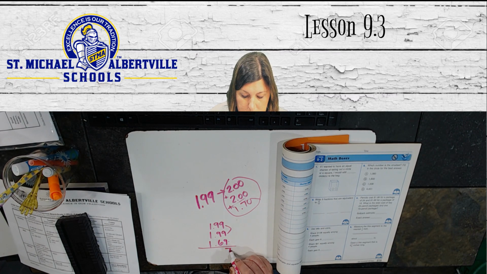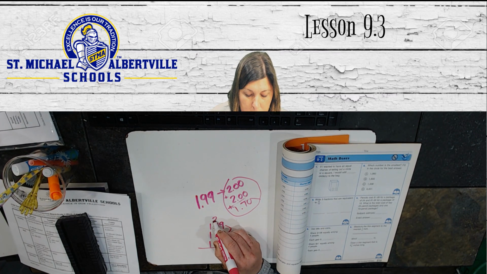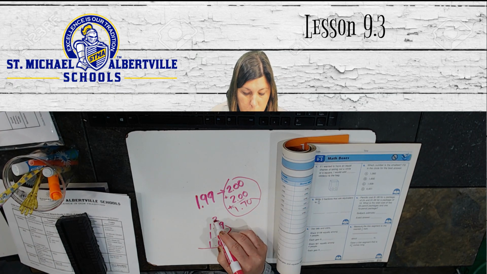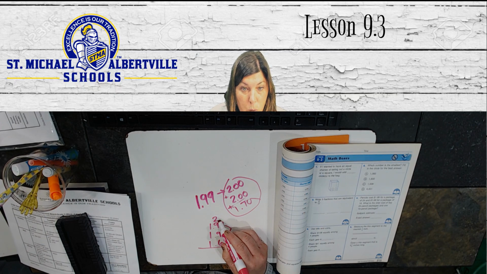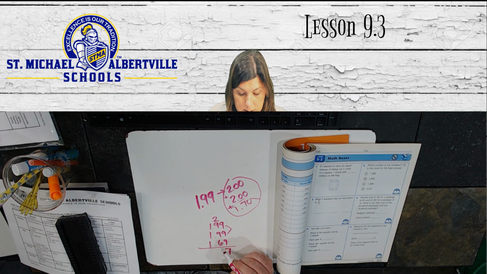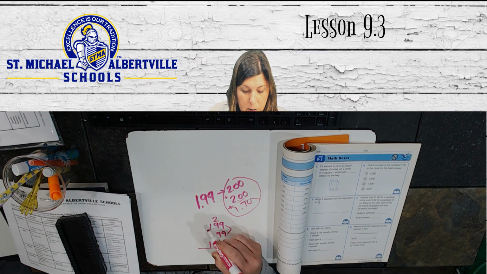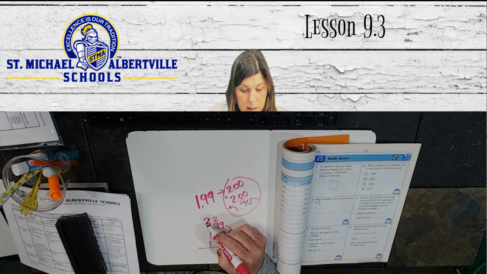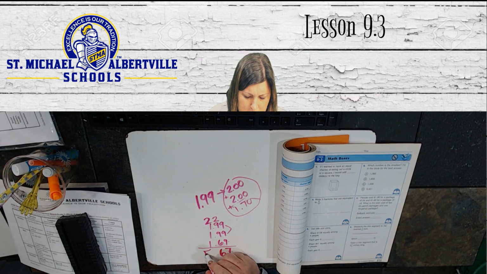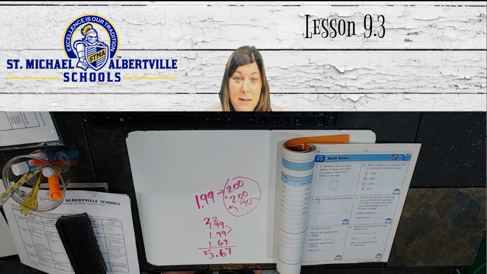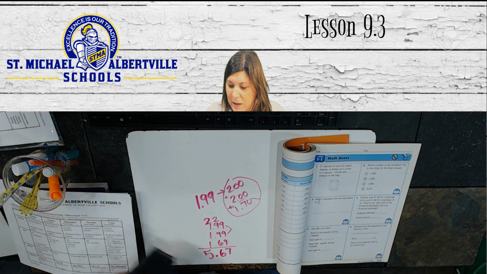You put the ones here, you carry the bundle, the 20. 27, and now I add here 18, 19, 20. 20 plus 6 equals 26. I put the ones here, I carry the bundle up here, I get 2, 3, 4, 5. Now you know the exact answer. I wasn't going to give you the exact answer. Sorry, hope you watched the video all the way through.